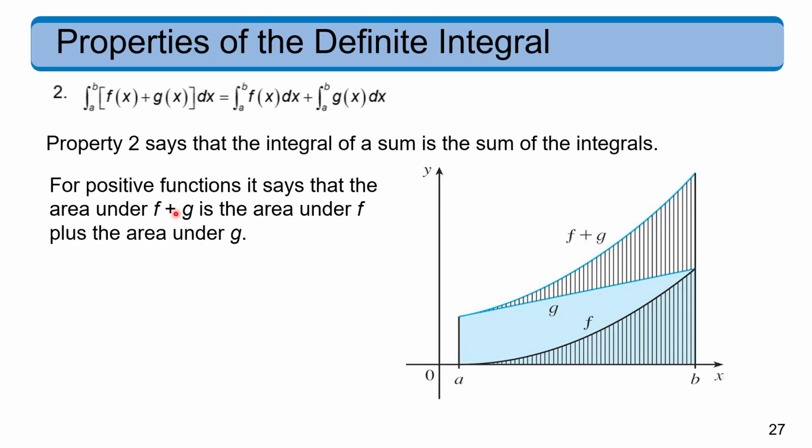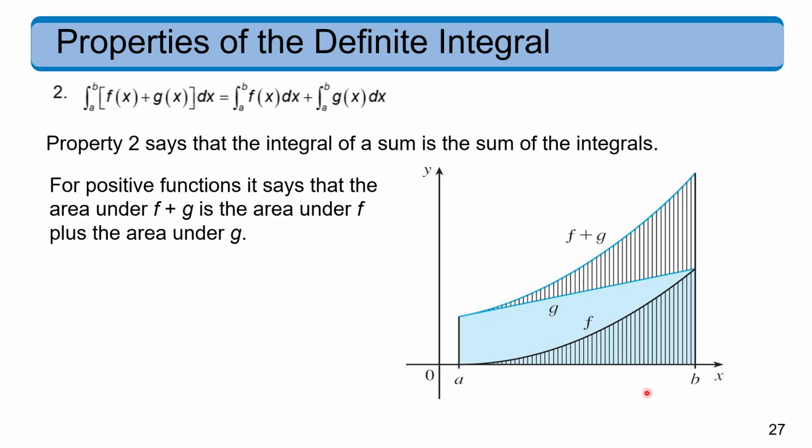Now let's think about graphically what this is telling us. Suppose you have two functions f and g. You can create the function f plus g by adding vertical lines. For example, at this x-coordinate, you would take the corresponding y for f, and the corresponding y for the function g, add those two together, and it would take you up here in this case.